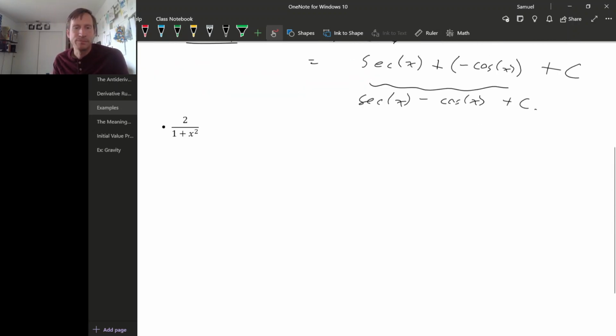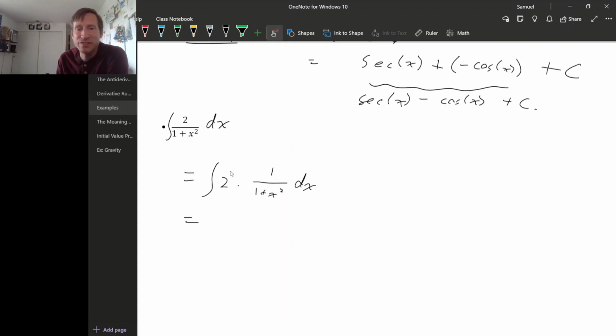All right, last example, let's find an antiderivative for 2 over 1 plus x squared. Well, first we can rewrite this fraction as 2 times 1 over 1 plus x squared. And then the constant multiple rule for antiderivatives says that we can just move this 2 outside of the antiderivative.